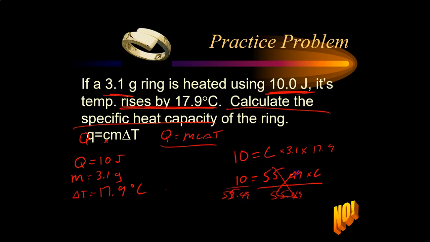So it cancels out over here, and I'm left with C is equal to 10 divided by 55.49, which gives me a nice value of 0.18 joules per gram degree Celsius. And that is what my C would be.